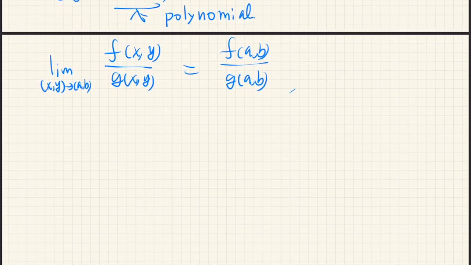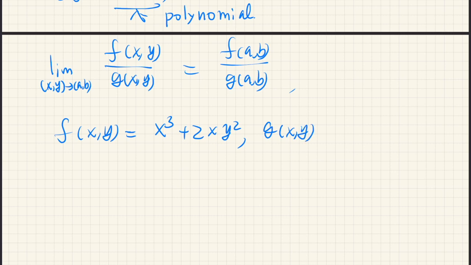So, for example, let's say f of xy is the same as before, x cubed plus 2xy squared, and g of xy is 5x squared plus xy plus 3y cubed. So this is a polynomial.